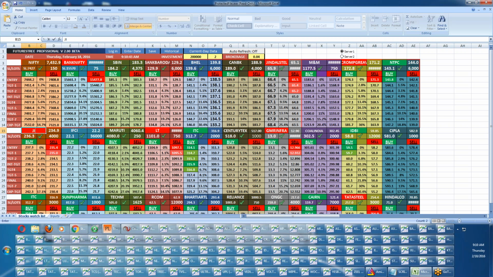Oh, sorry, Bharat Forge. And you have Sun Pharma. It's already here at the bottom. So let me just add IDFC here. I'll retain Maruti. I'll remove IFCI and add IDFC. L&T, let it remain here, or I'll shift it to another place.